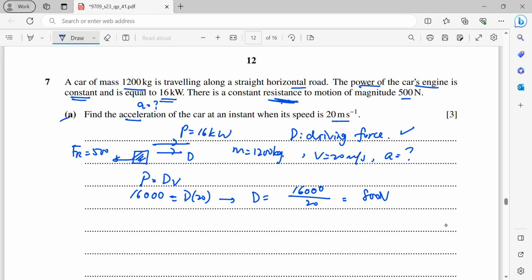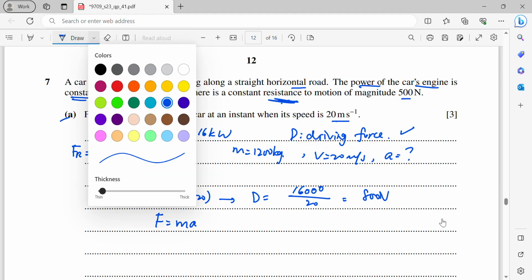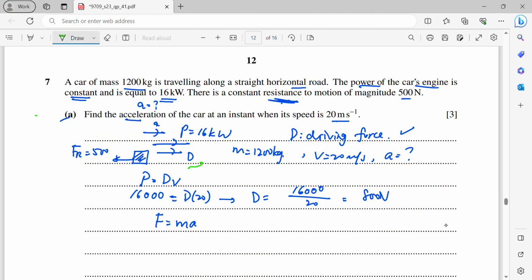So from here, again, we are using the Newton's second law, F equals to ma, because the car will be moving to the right side, right? So now, when you look at this diagram, we have the D, we have the Fr here, and then we have the A. Means that now, I will assume the car is moving to the right side. Therefore, the force facing towards the right side is considered positive.